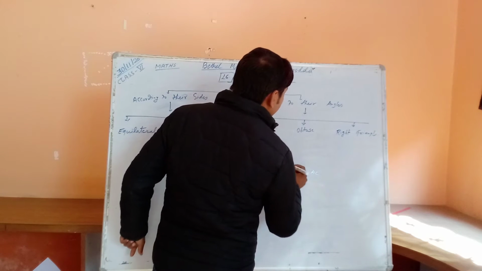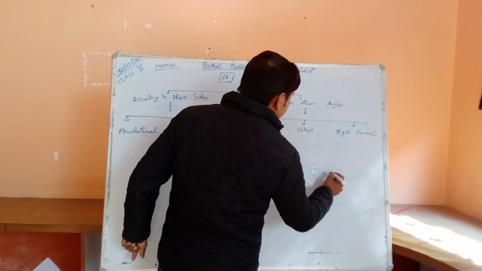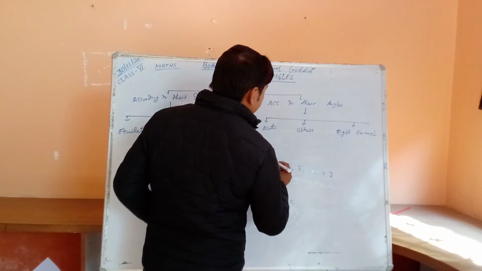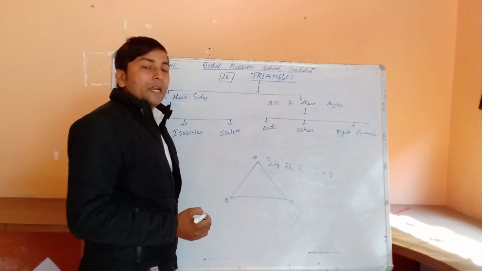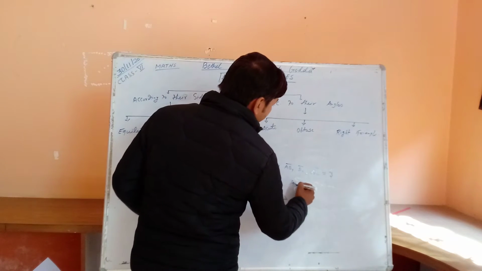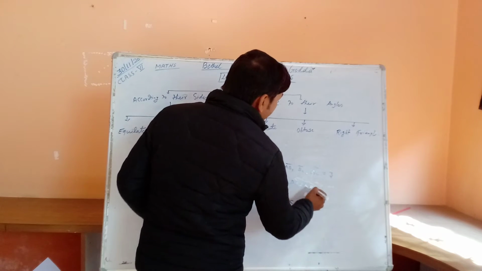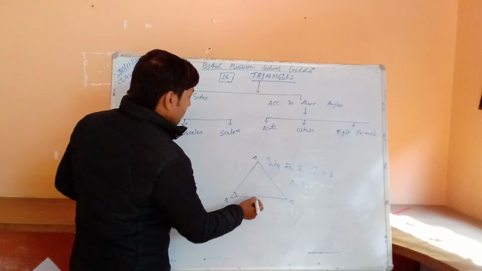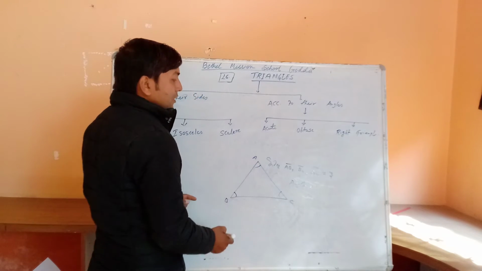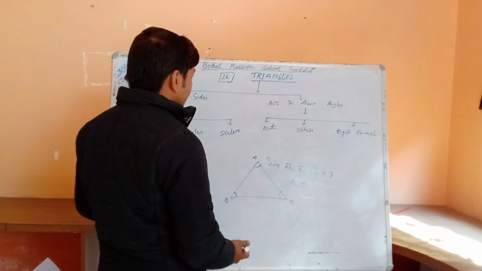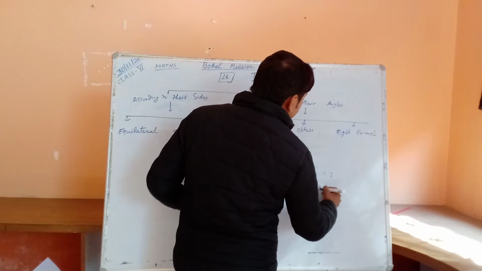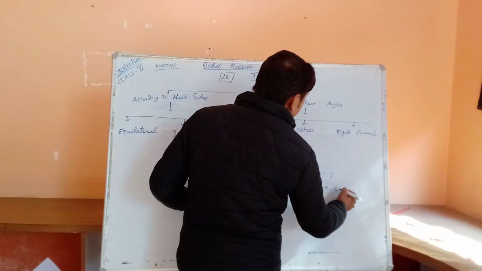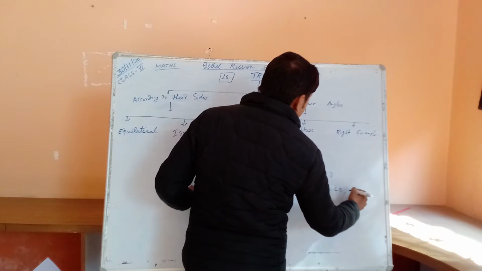How many sides? 3 sides. That is sides. And how many angles? 3 angles: 1, 2, 3. So we can write the angles as angle A, angle B, and angle C.